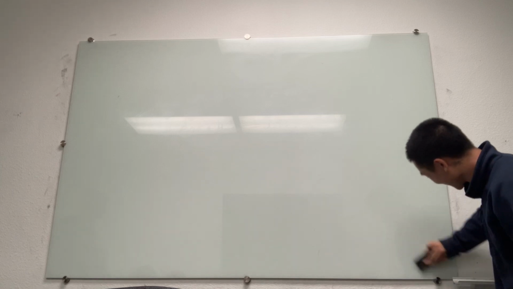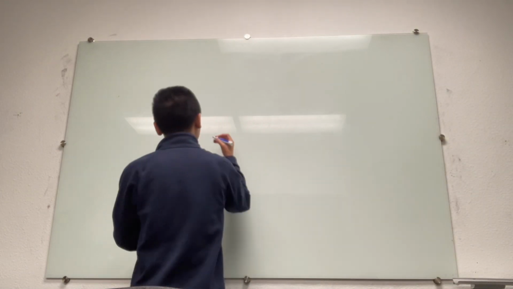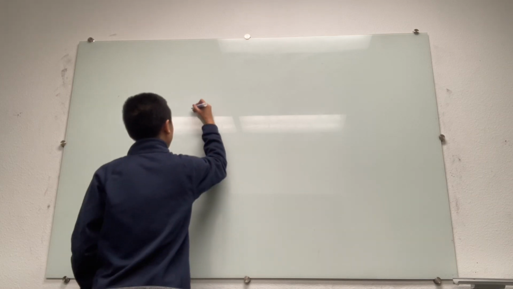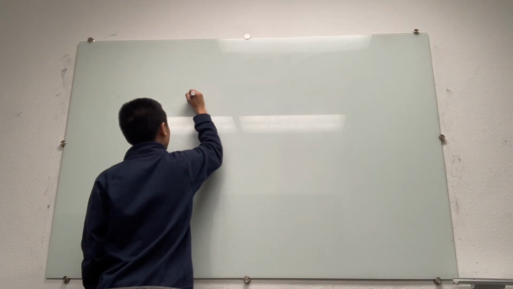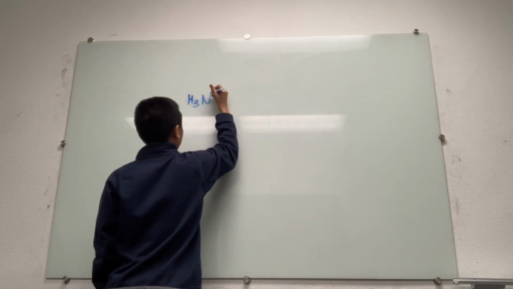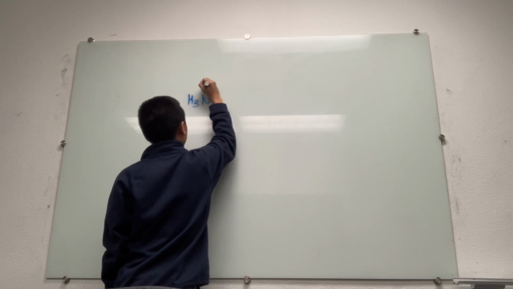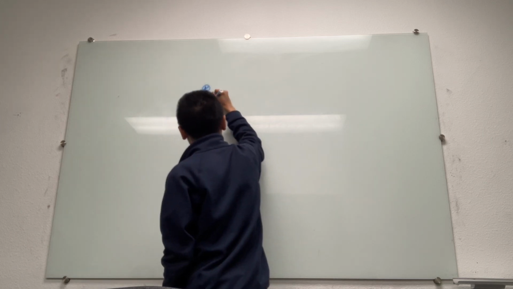Sure. Okay. So the general structure of an amino acid is going to look like this. Let's say this is at physiological pH, like optimal body pH.